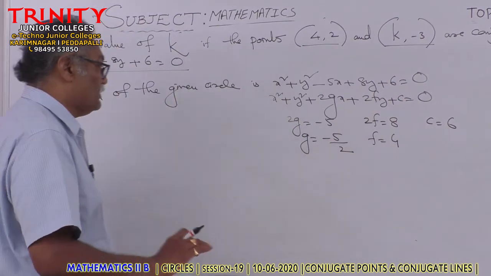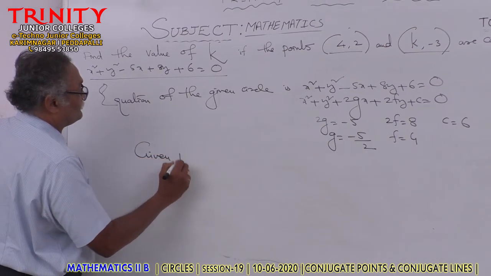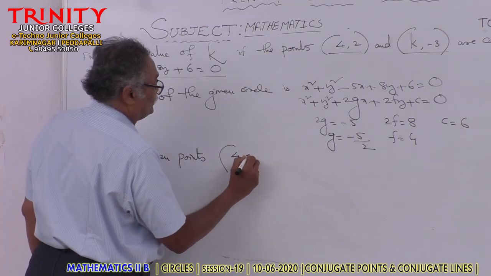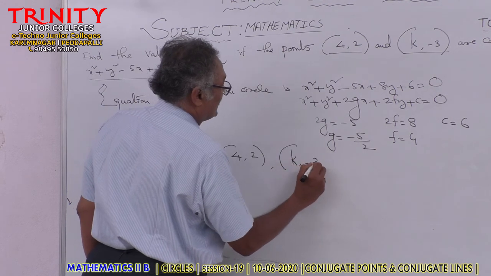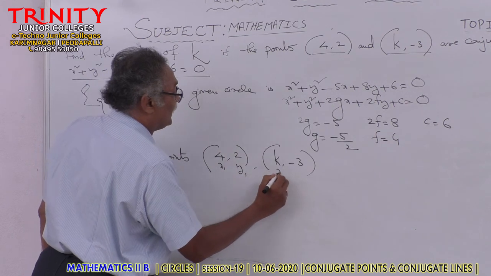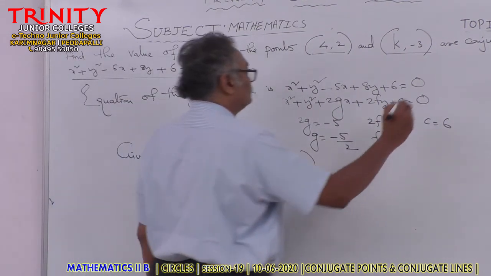Okay. Given points 4, 2 and k, minus 3. Take like this, x1, y1, x2, y2.